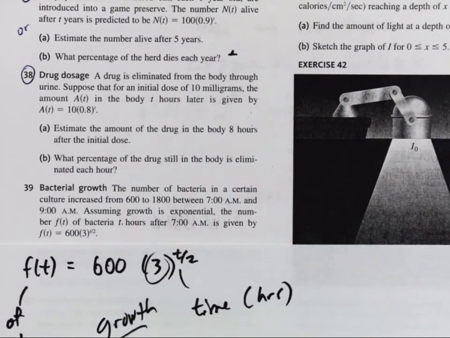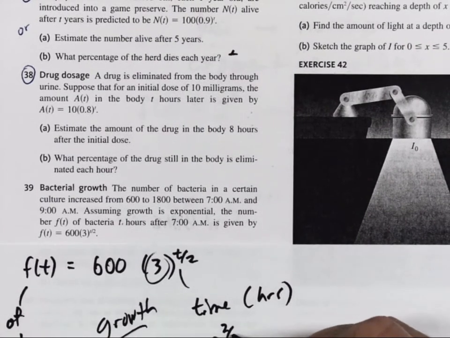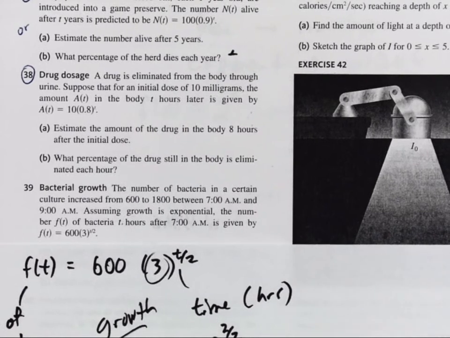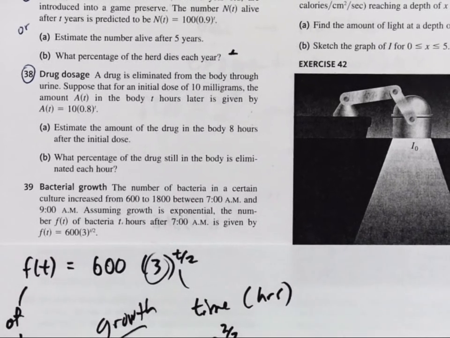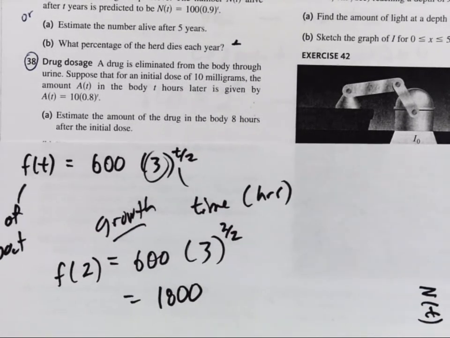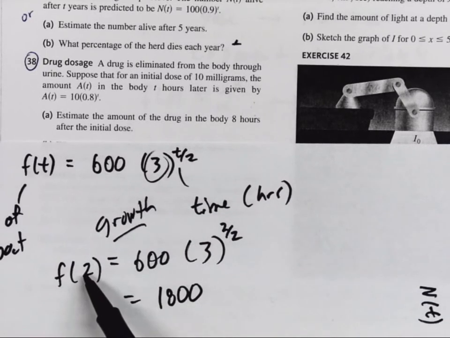The number of bacteria is growing as time goes on. So just for fun, if they had asked what's the amount of bacteria after 2 hours, you would just plug in 2 for T, 600 times 3 squared, 1800. Whoops, sorry. And then I could plug in, like, after 5 hours, and it's just not very hard.